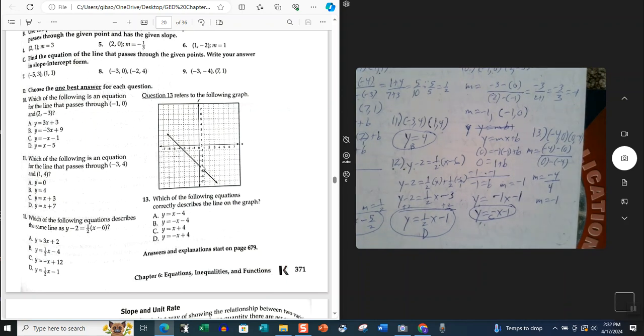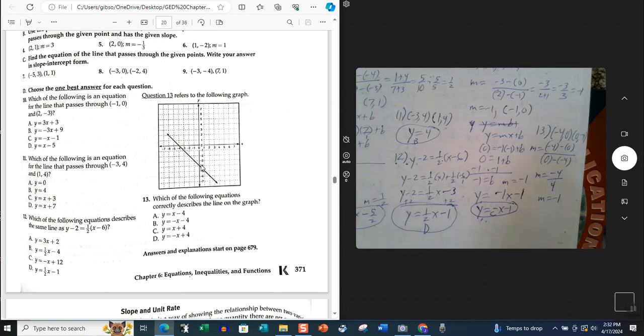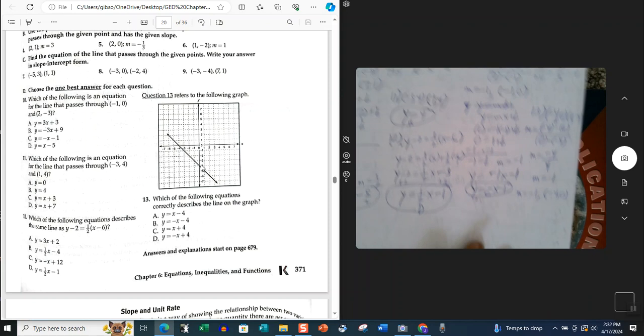So now we have our slope, and we need to pick one of these values. I probably would pick the first one because that means that x would be negative 4. So we would do the first ordered pair. So we have the slope as negative 1, then our first ordered pair is negative 4, 0.